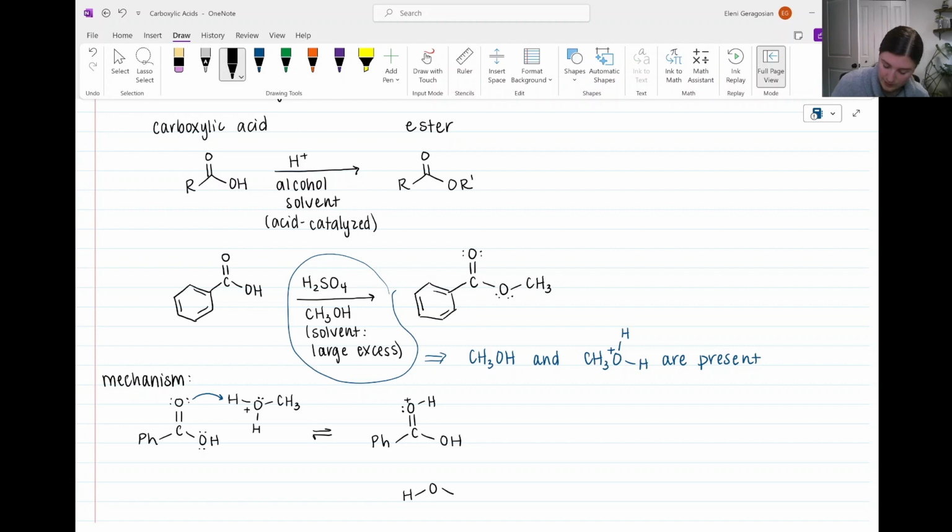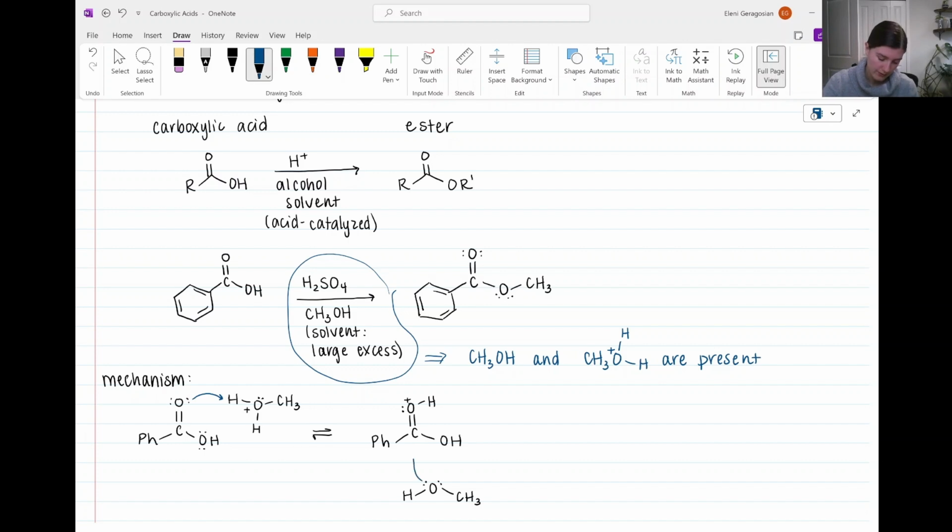So in our nucleophilic addition step, we will be adding a solvent molecule, and neutral solvent, so not protonated, is a better nucleophile than protonated, because this oxygen is more willing to give away electrons if it's not already sharing a pair with an additional proton.